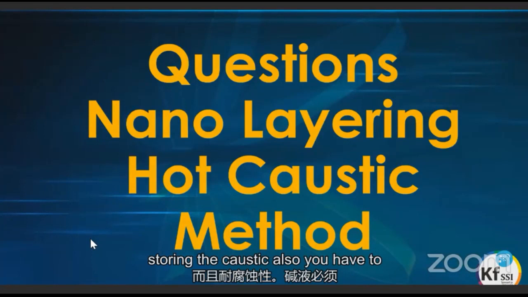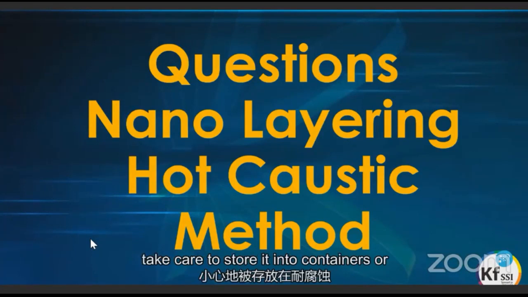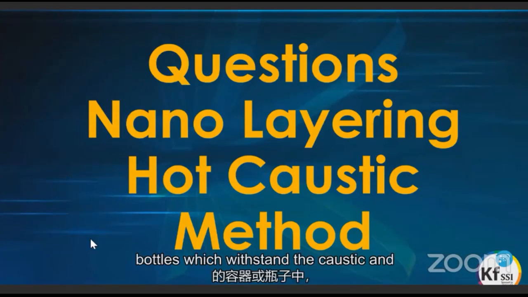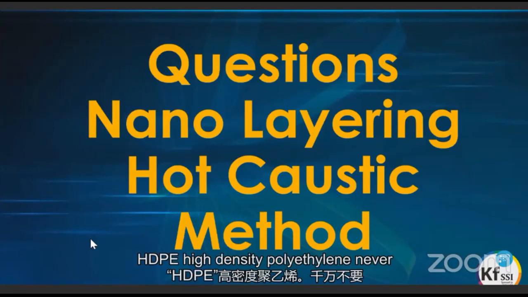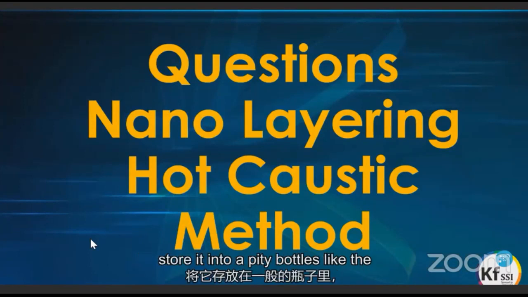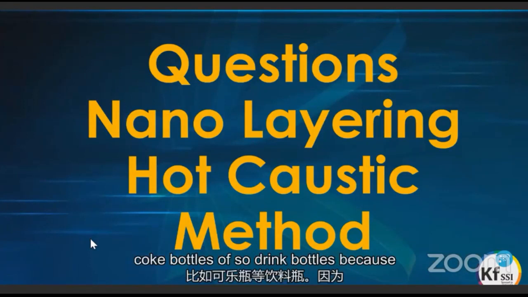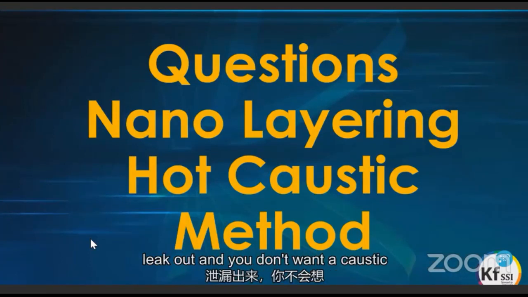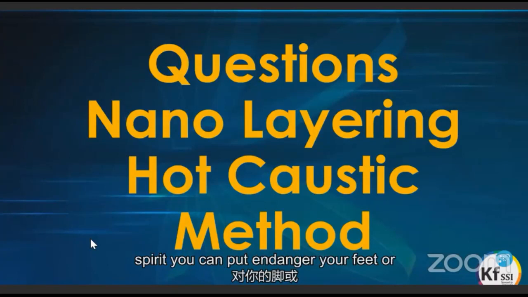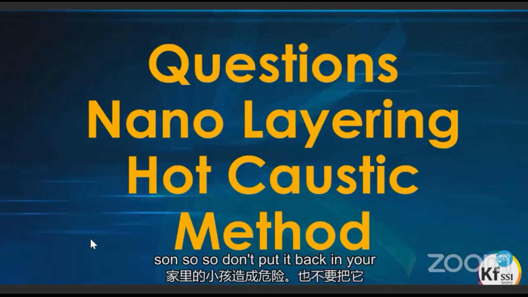And for storing the caustic, also you have to take care to store it into containers or bottles which withstand the caustic, and one is polypropylene and the other is HDPE, high density polyethylene. Never store it into PET bottles, like the Coke bottles or soft drink bottles, because in time the caustic will find its way to leak out, and you don't want the caustic spill that you can put in danger your feet or the pets and so on.